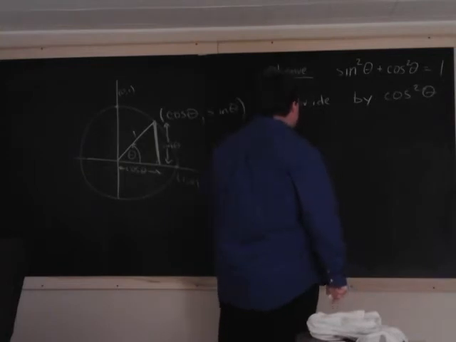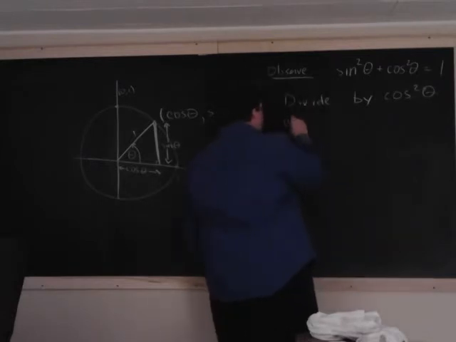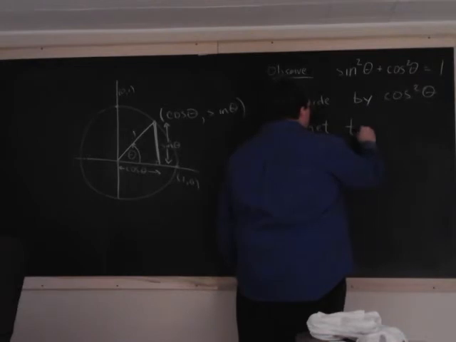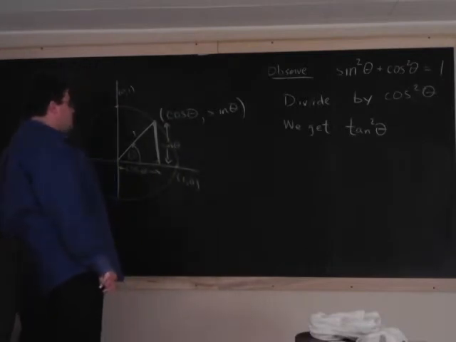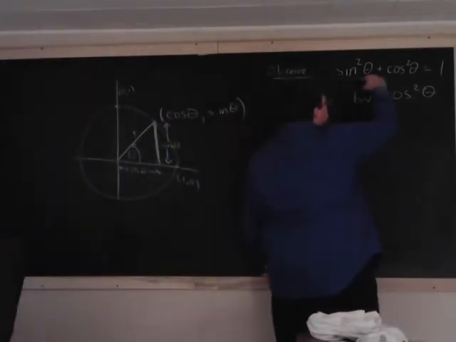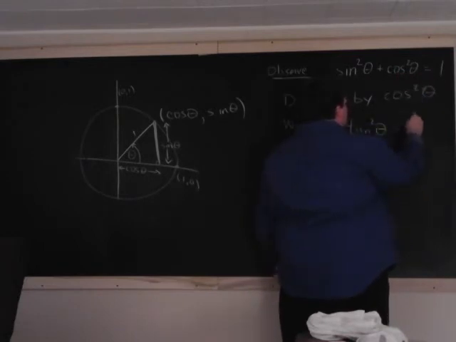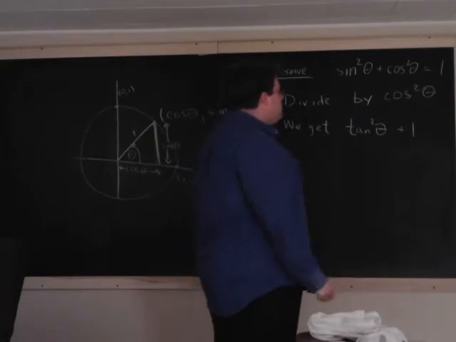Well, first part we have sine squared over cosine squared. That's tangent squared, because sine over cosine is tangent. Divide this by cosine squared. Cosine squared divided by itself is 1. So we have tangent squared plus 1.